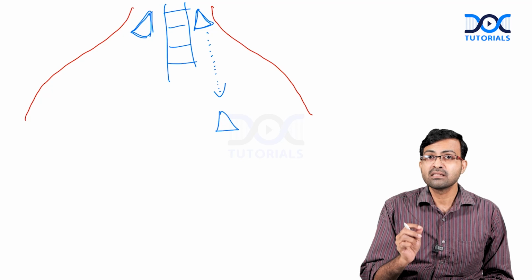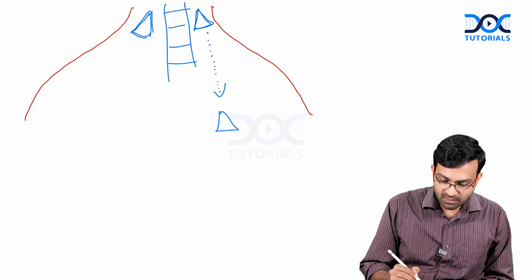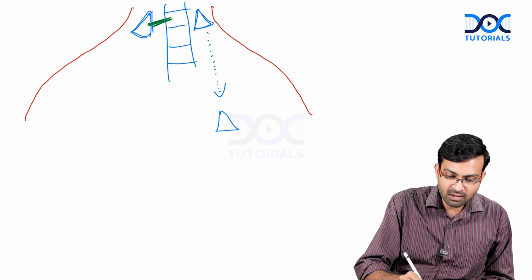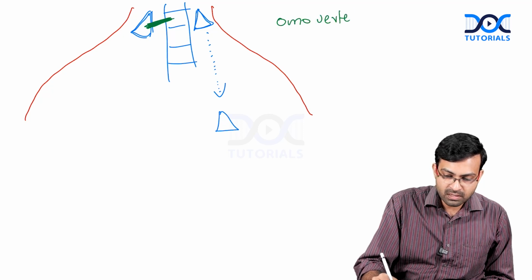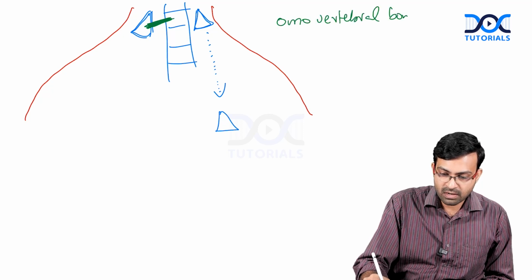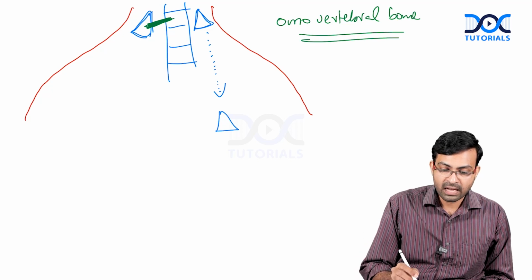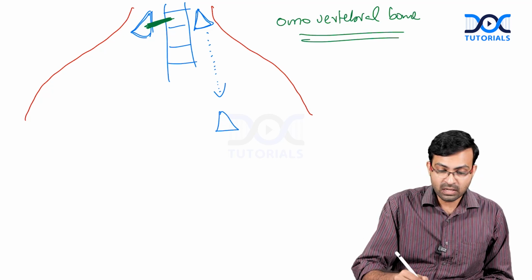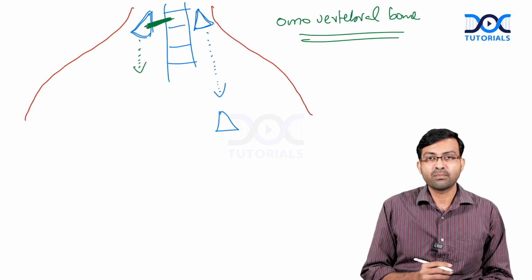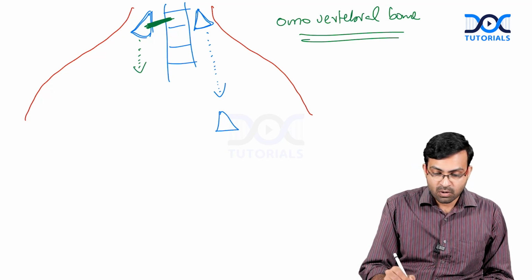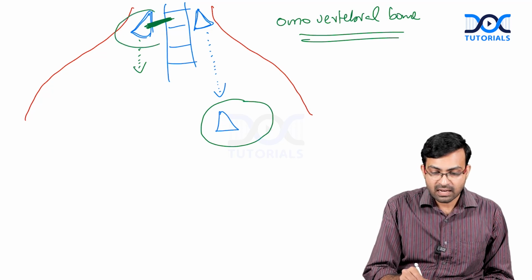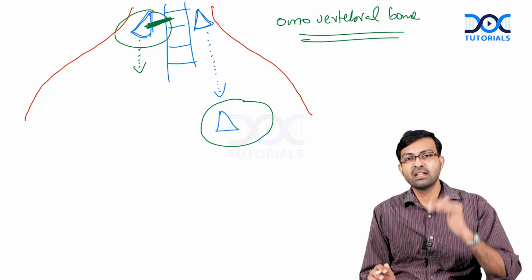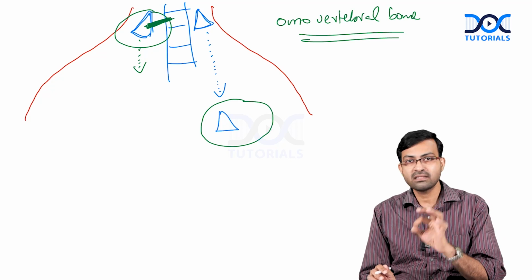But sometimes there is an abnormal connection between the scapula and the cervical spine. This is what is known as the omovertebral bone. Omovertebral bone, very important. Because of this omovertebral bone, the normal descent of the scapula does not take place. So on one side, the scapula is at the normal level. On the other side, the scapula is at a high level. This is your classical Sprengel's deformity.